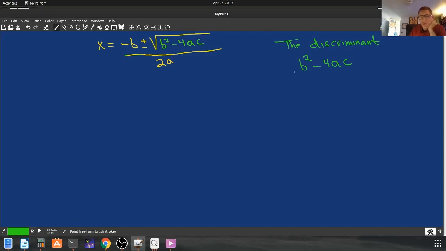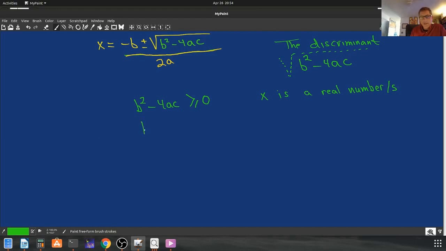So notice that the discriminant is always under the radical. So if the discriminant of b squared minus 4ac is greater than or equal to 0, then x is a real number. Or, since many times we have two solutions, numbers.